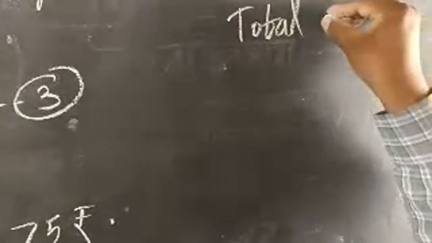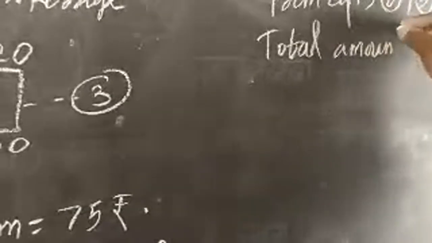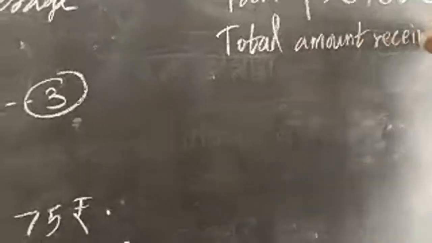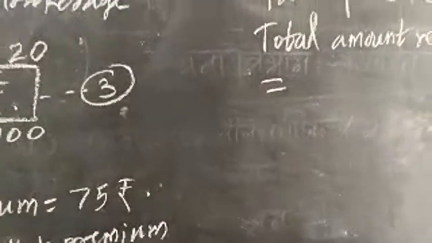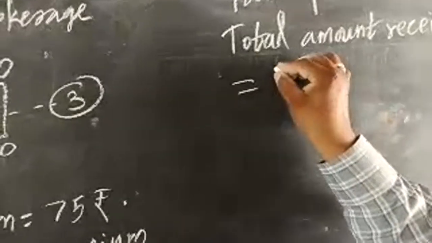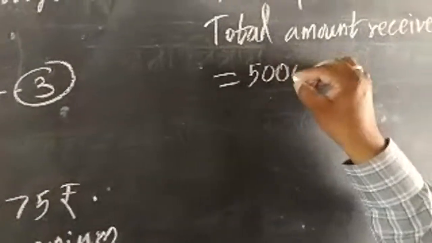total amount received is equal to first amount, the dividend, how much? 5,000.